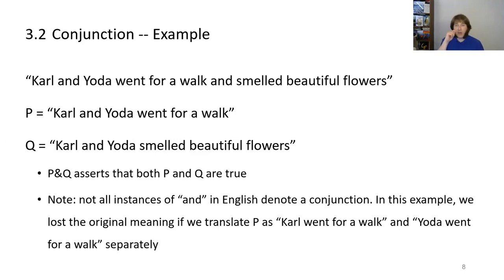When should you view an "and" as actually signaling a conjunction you should get rid of, and when shouldn't you? I'd say think about what the original meaning is. Are you going to be losing the original meaning by separating them out? We can't really represent "together" by using our logical operators.